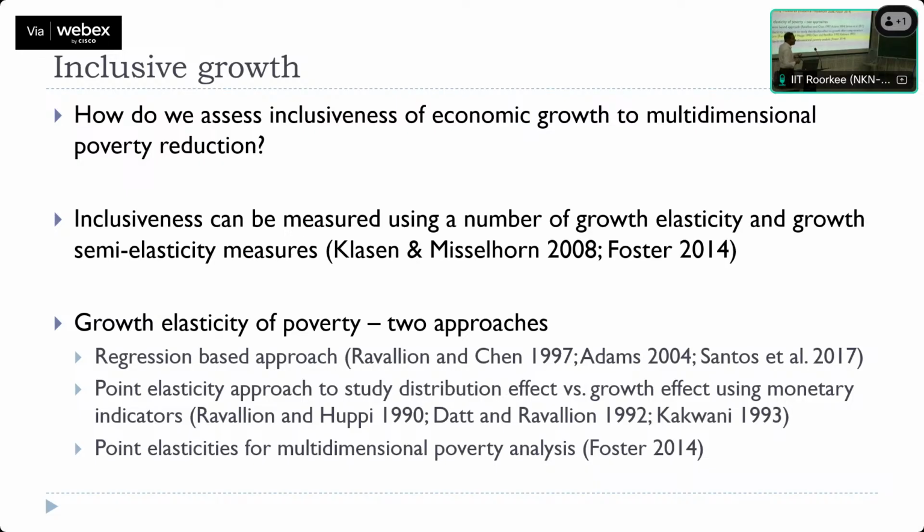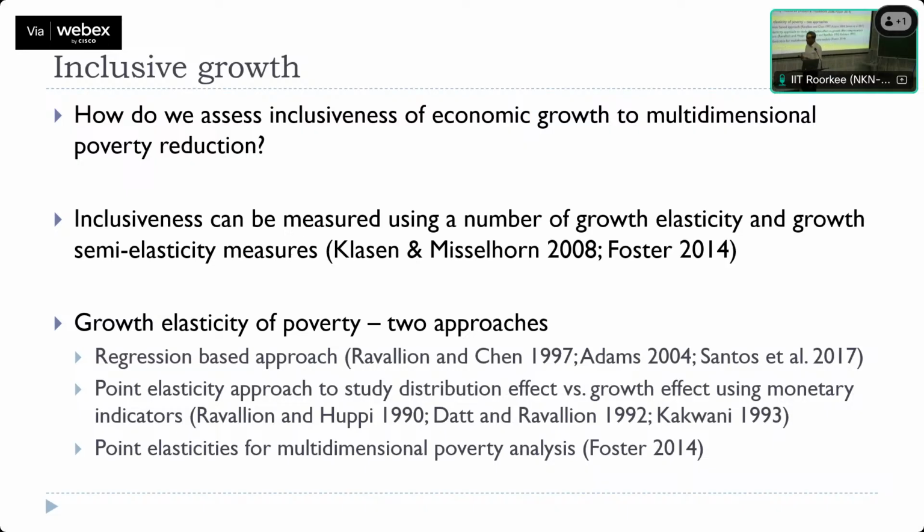That gives you a variation in poverty, how much growth is affecting your change in poverty across countries, across time. So you can have panel data analysis, you can have cross-sectional analysis. However you do, you are just linking how much cross-country variation or over time variation across this region is affecting your reduction in poverty.